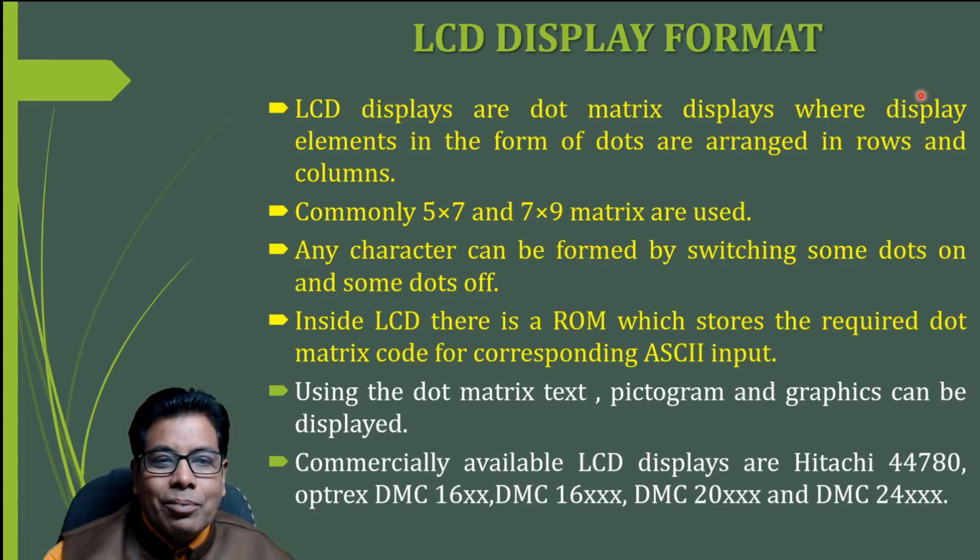For example, the ASCII value for A, that is capital A, is 41H. So if you give 41, it will display A. So using the dot matrix text, we can display text, then pictograms, graphics, and even the numbers.